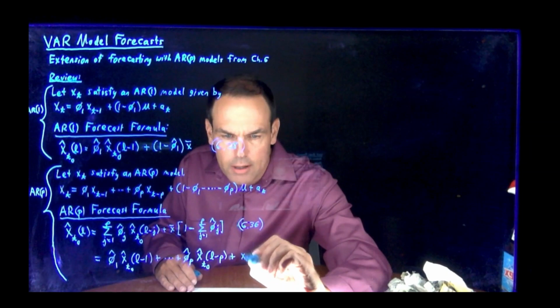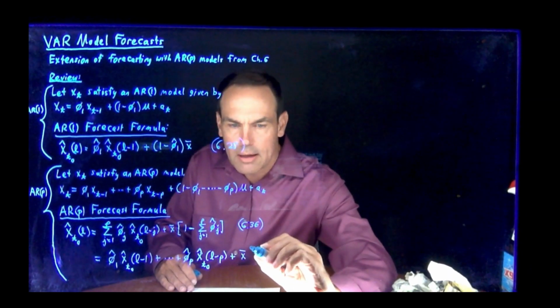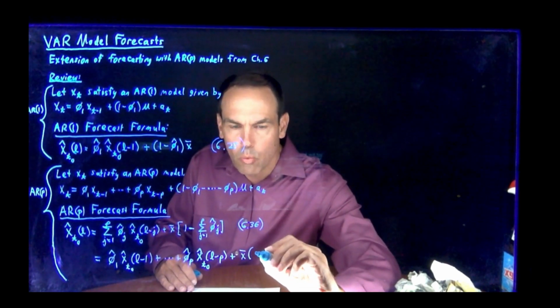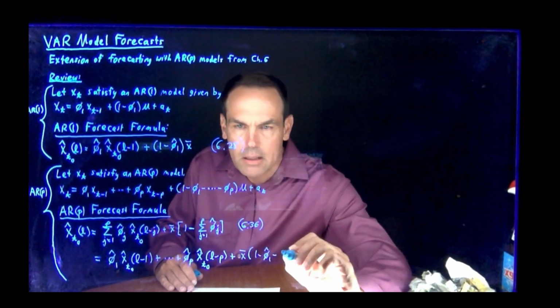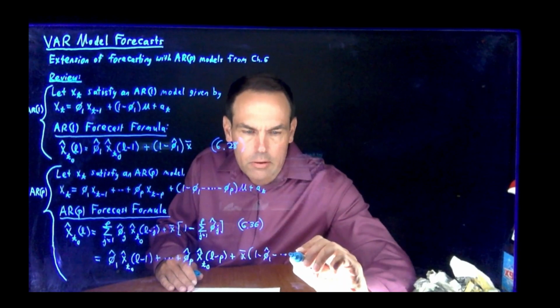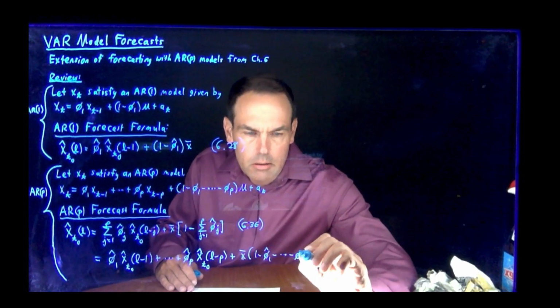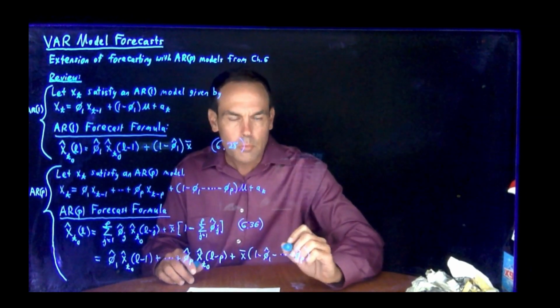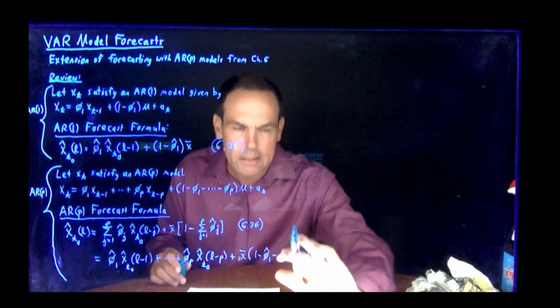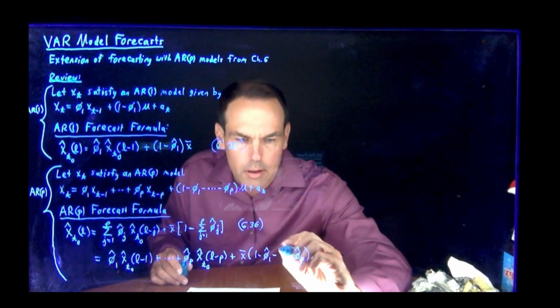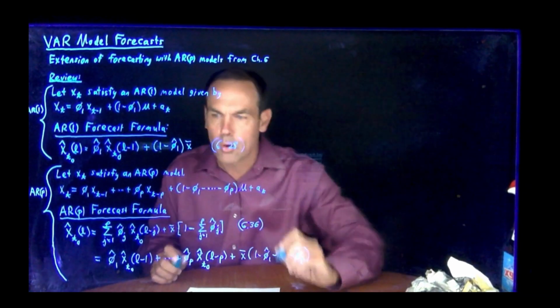We'll put that out front, as we typically do, and then we'll have 1 minus v1 hat minus v2 hat all the way out to minus vp hat. Again, the a_t has a mean of 0, so the forecast of that will be 0. And that is our forecast formula.